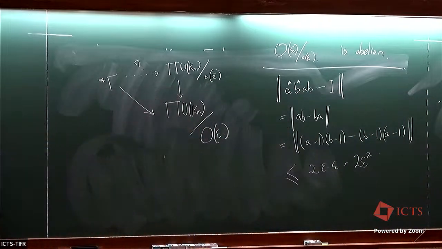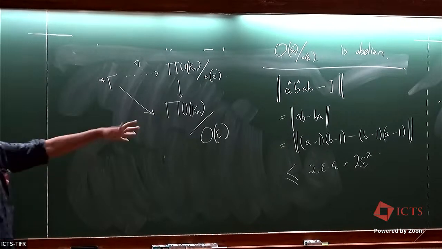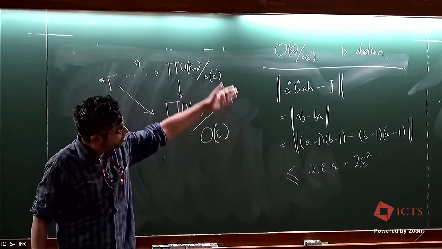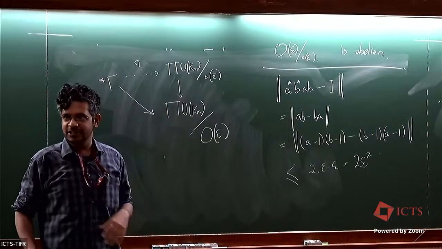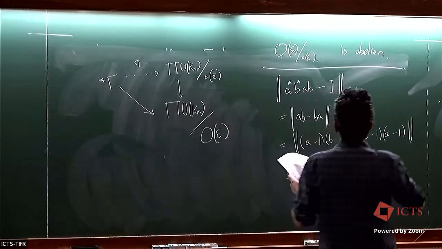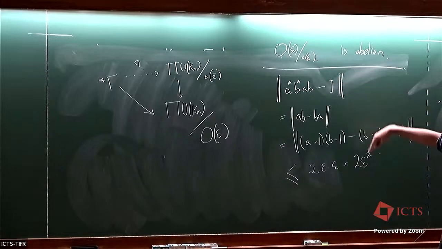Even over there, if it were abelian, you'd go from epsilon to 0. But because of this non-commutativity, you can only get some inequality, and that inequality actually appears here. The submultiplicativity allows you to go from epsilon to something like epsilon square because this quotient is abelian.